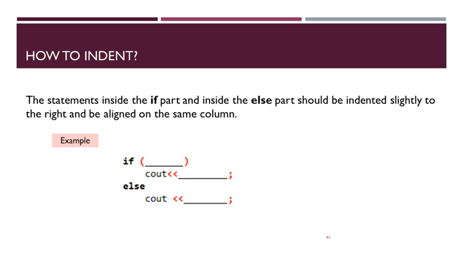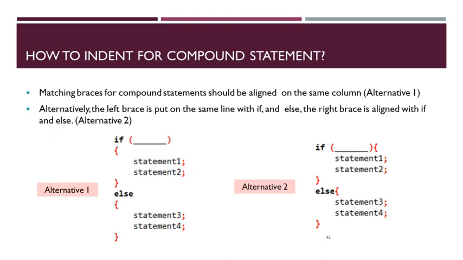Then let me show how to indent for a compound statement. There are two alternatives. First, the matching braces for the compound statement should be aligned on the same column, as you can see in alternative 1. For the second alternative, you can put the left brace on the same line as if and else, and the right brace is aligned with if and else.